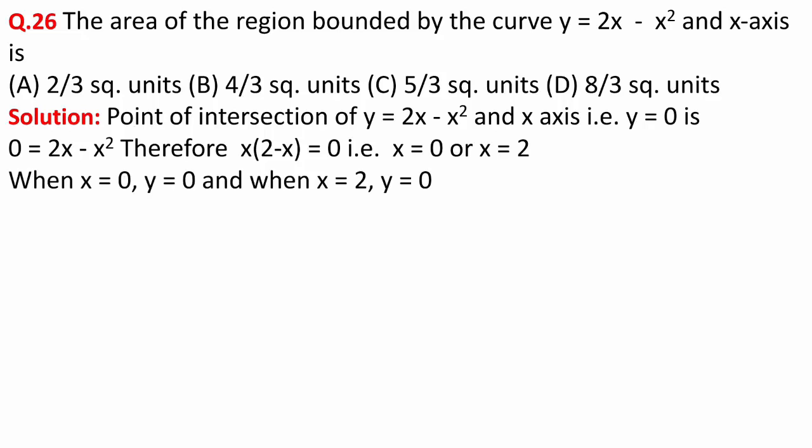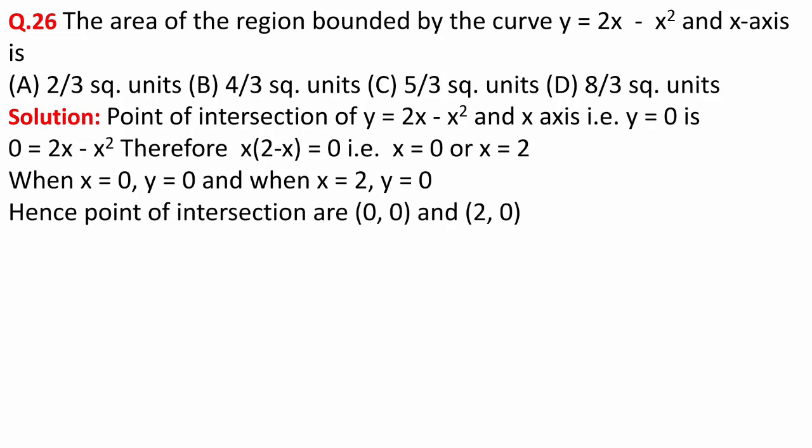Thus we get 2 points: x equals 0, y equals 0, that is (0, 0), and the second point (2, 0). Hence the points of intersection are (0, 0) and (2, 0).